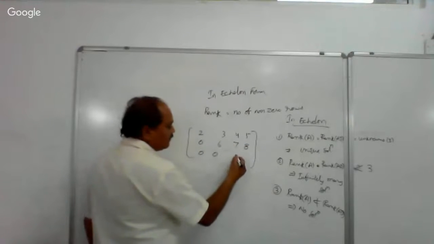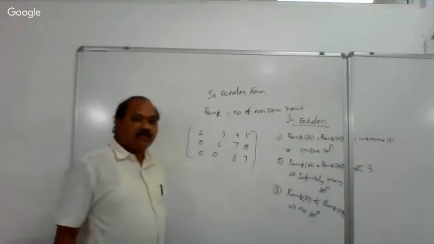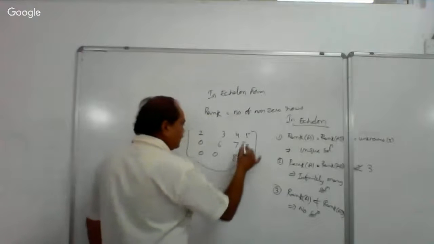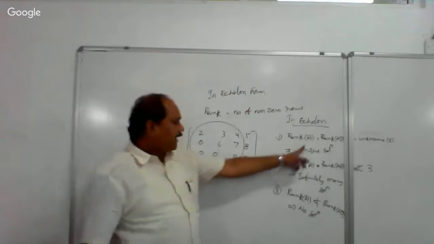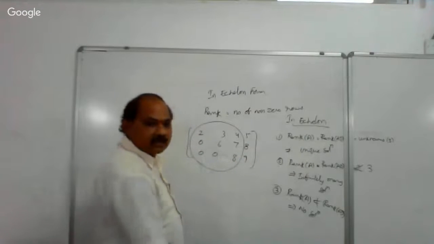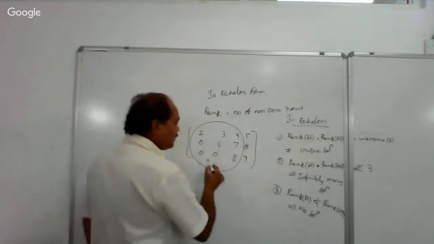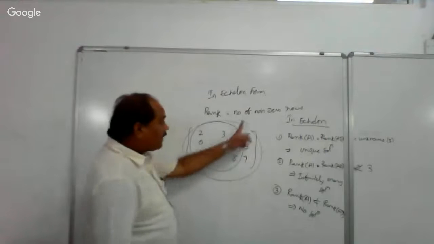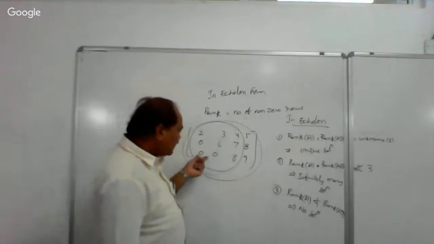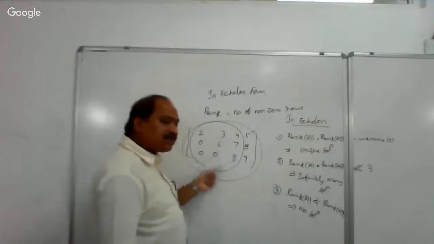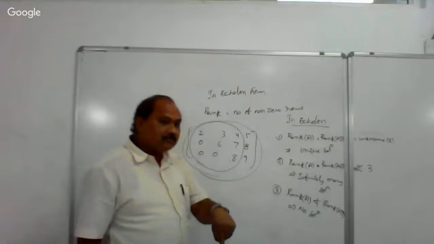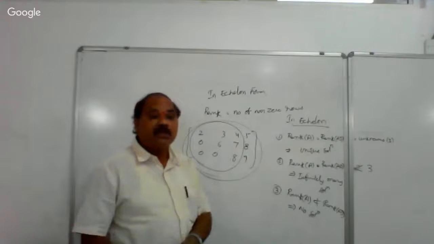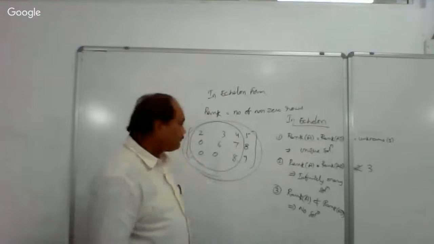This is called echelon form. This is the coefficient matrix, and this is the augmented matrix. If all the elements in a row are zeros, that is called a zero row.